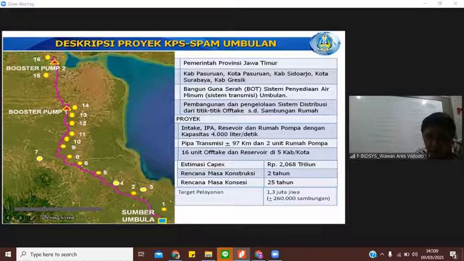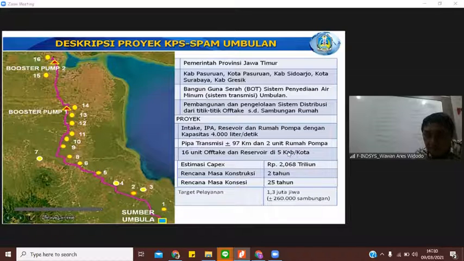The piping here reaches the area from Surabaya to Gresik. The length is about 97 kilometers or 97,000 meters, with 2 pump stations. The piping is distributed in 5 kabupaten or kota.